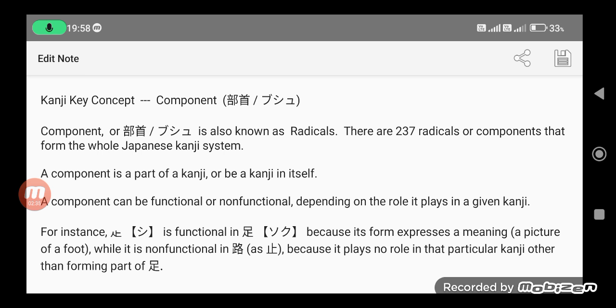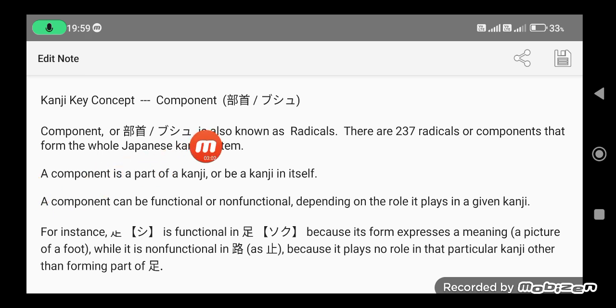So kanji characters or Chinese characters, Hanzi for that matter, is actually a group of components, especially for those kanji characters having too many strokes. If you look closely at a kanji character, you can see that it's composed of components, especially for those kanji characters that have 7 strokes and up.